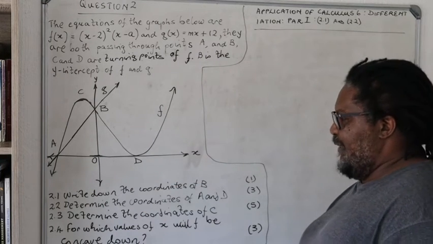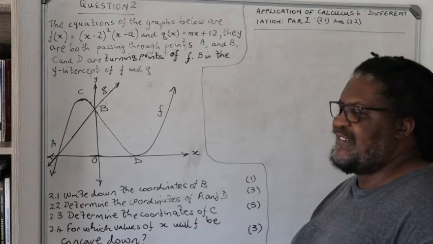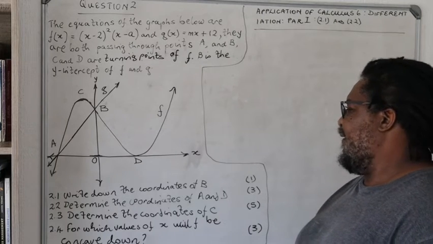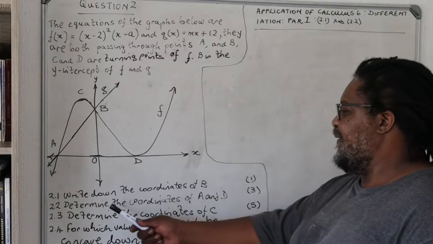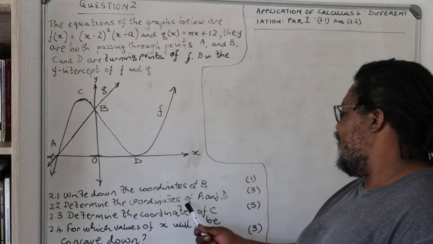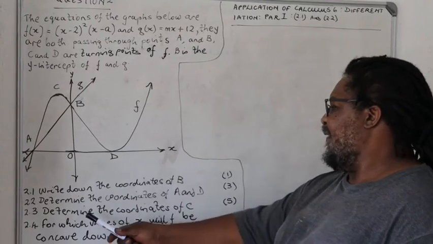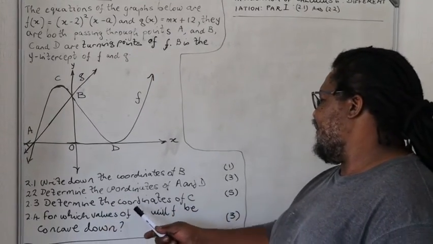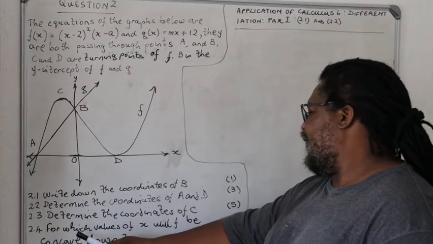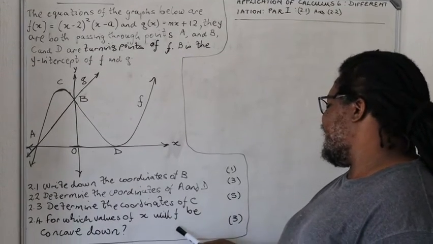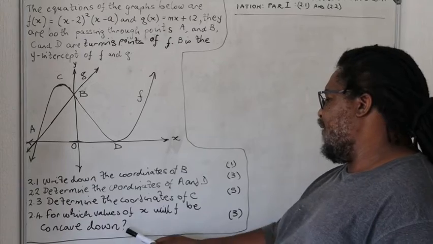So there are about 4 part questions to this question. The first part says write down the coordinates of B. The second says determine the coordinates of A and D. The third says determine the coordinates of C. And the fourth says for which values of x will f be concave down.